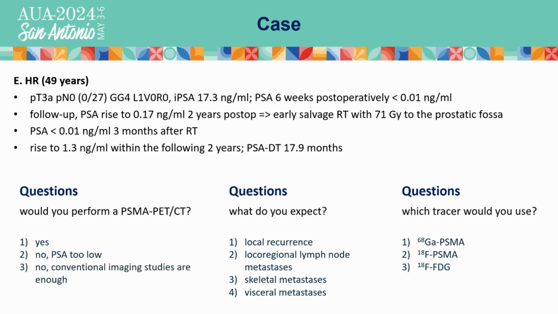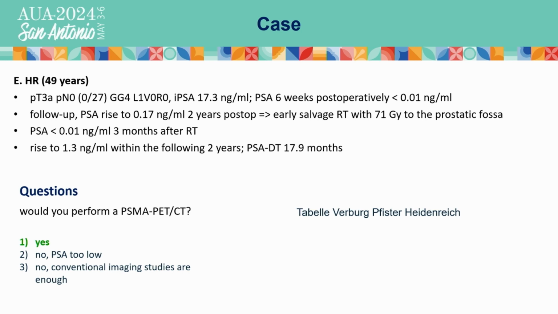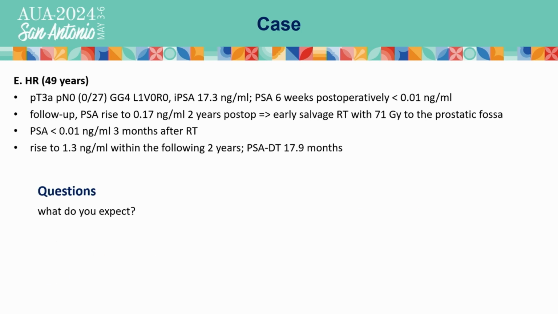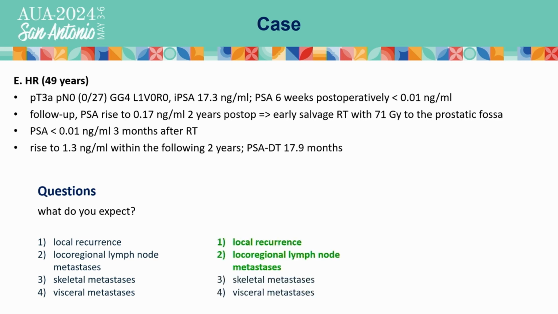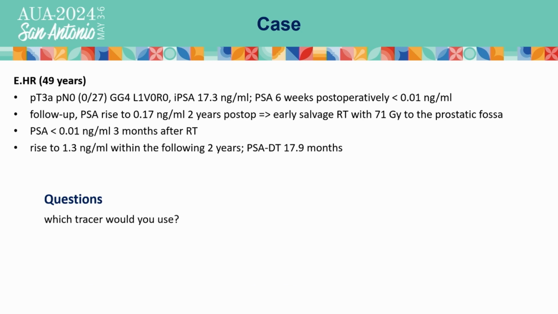So in this situation, yes, you should perform a PSMA PET scan. You would expect local recurrence and maybe locoregional lymph nodes. And in terms of the tracer, in this situation, I definitely would use the fluoride 1017 tracer.